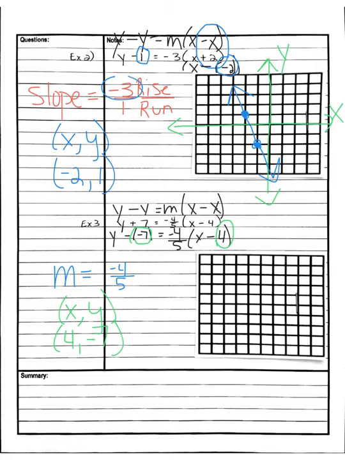I'm going to draw my y-axis right here and my x-axis up here. I'm going to start at 0, 0 and plot my point. I'm going to go over 4: 1, 2, 3, 4, and I'm going to go down 7: 1, 2, 3, 4, 5, 6, 7.